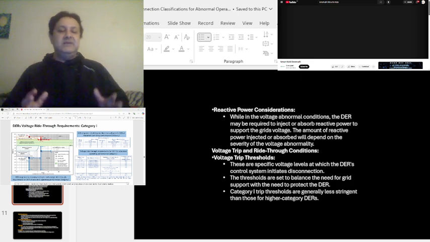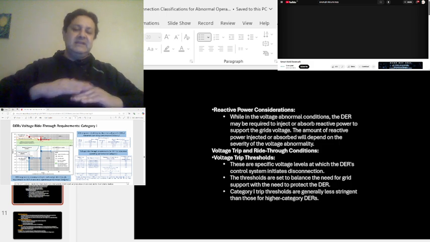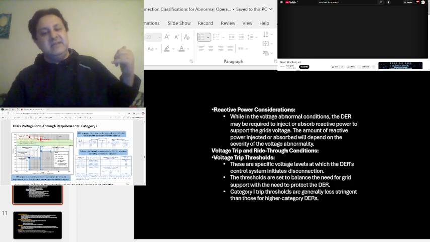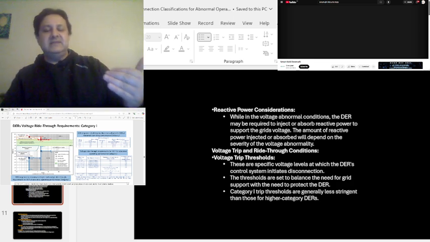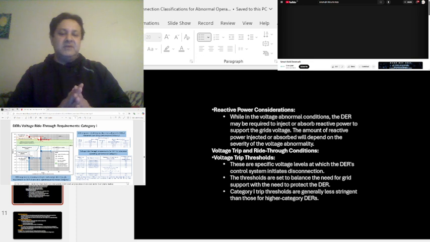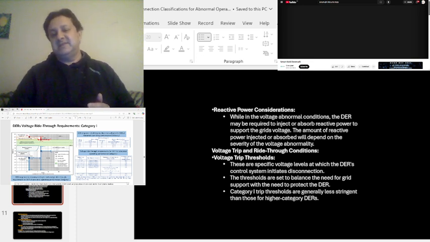So the category 1 trip thresholds are generally less stringent than those for higher category DERs. You can say it's an advantage or disadvantage. We'll talk about it. So, category 1 trip thresholds are generally less stringent.